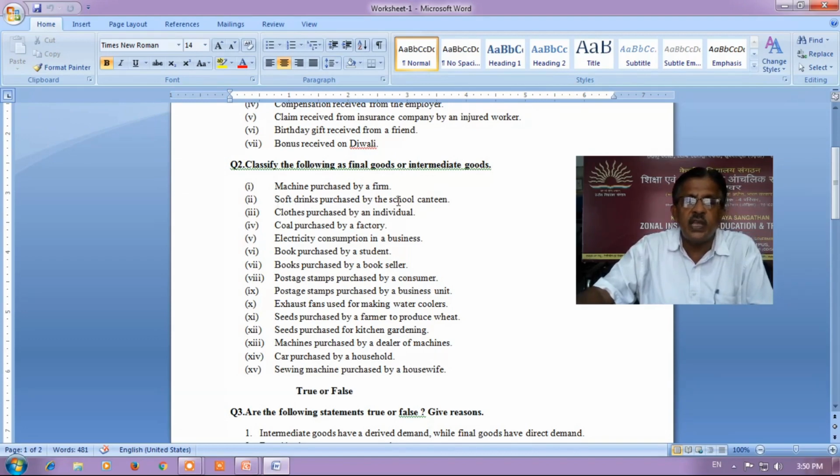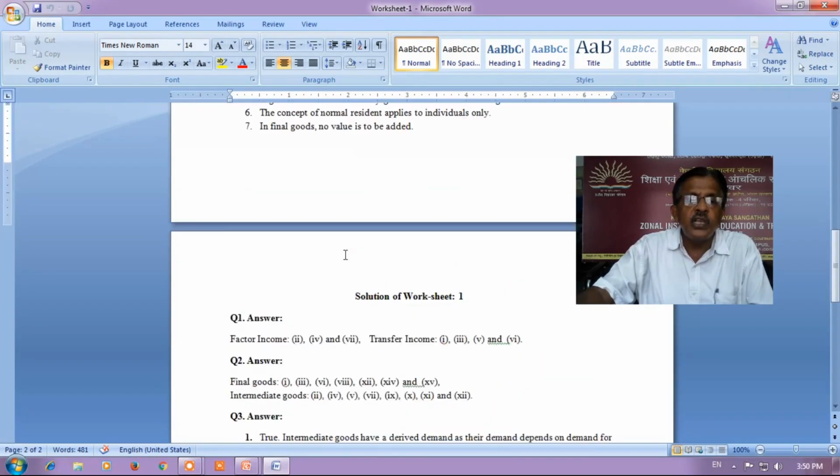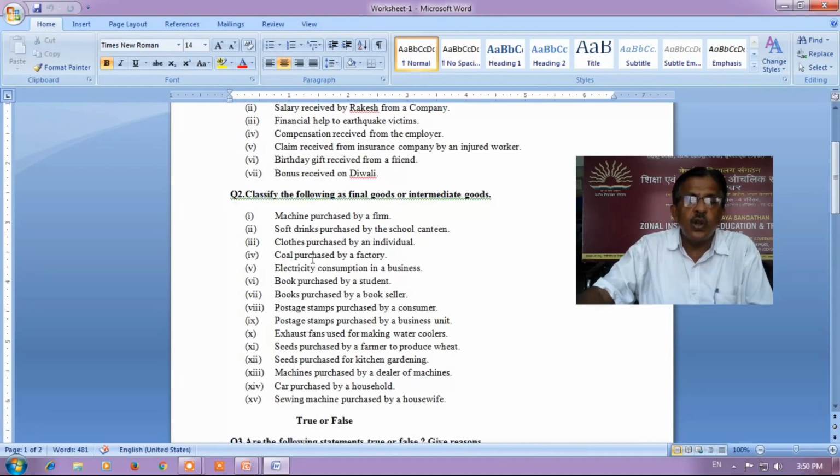Soft drinks purchased by the school canteen, fodder, coal purchased by a factory, electricity consumption in a business, books purchased by a bookseller, postage stamps purchased by a business unit, exhaust fans used for making water coolers, seeds purchased by a farmer to produce wheat, and machines purchased by a dealer of machines.